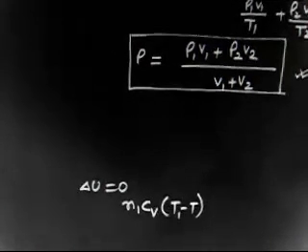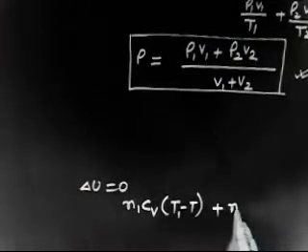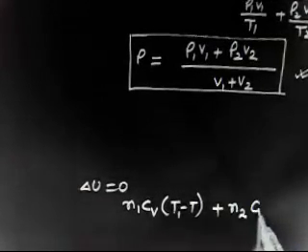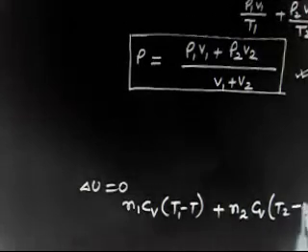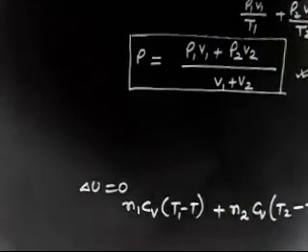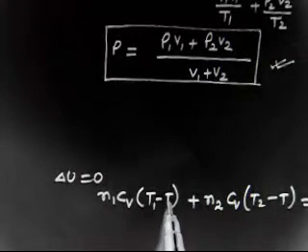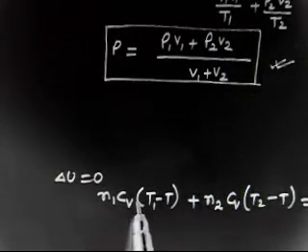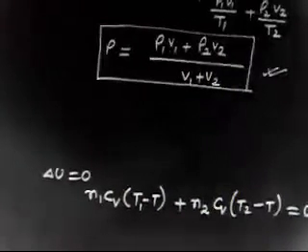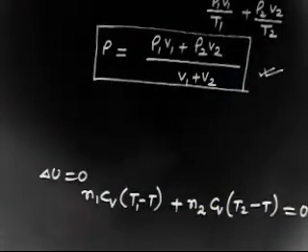This is the change in internal energy of 1, plus the change in internal energy of 2, that is N2 CV (T2 minus T), and this should be equal to 0. Sorry. Are you getting or not? Or even if you want, you can write T minus T1, T minus T2, because final minus initial is generally the convention for a change.